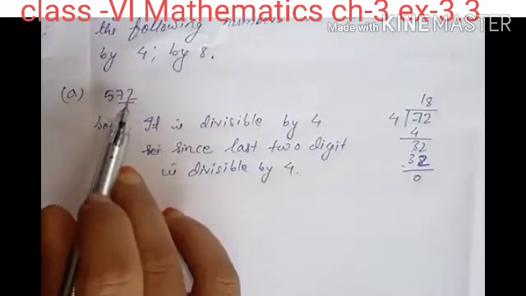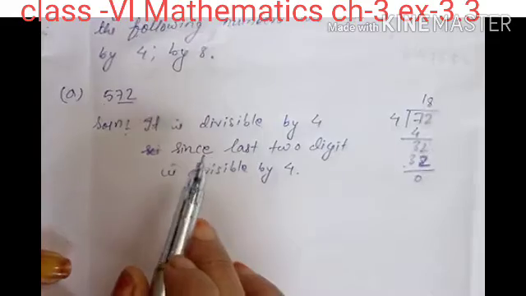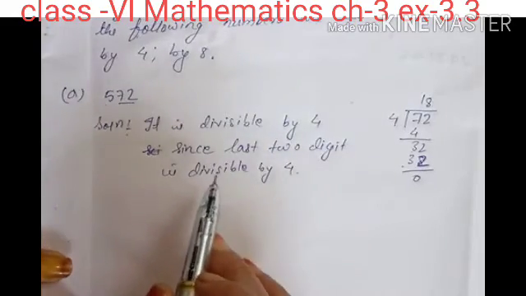So because the last two digits are divisible by 4, it is divisible by 4.